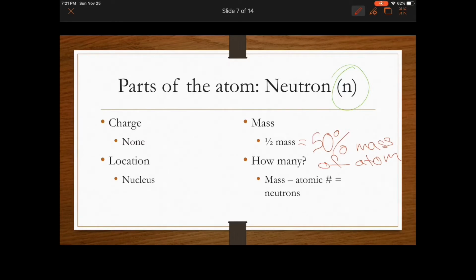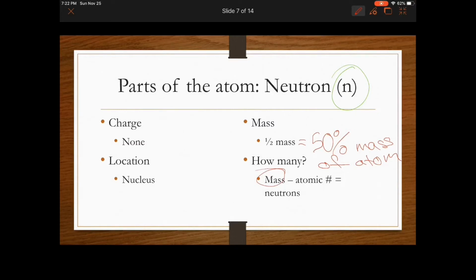All right, and in order to figure out how many neutrons are in an atom, we have to take the mass of the atom. So on the periodic table, it's going to be the fairly long number, at least probably 2 to 3 decimal places, and that is going to be the mass we are going to use.